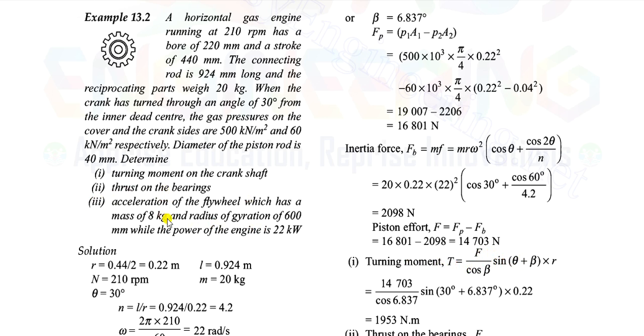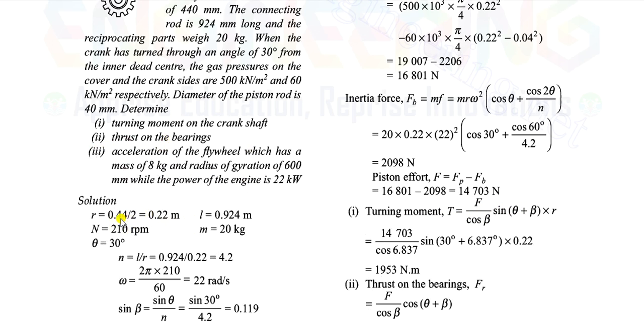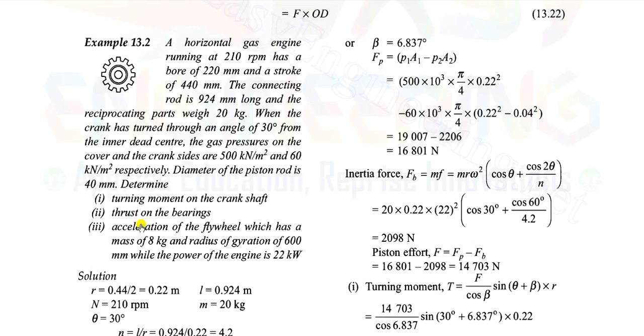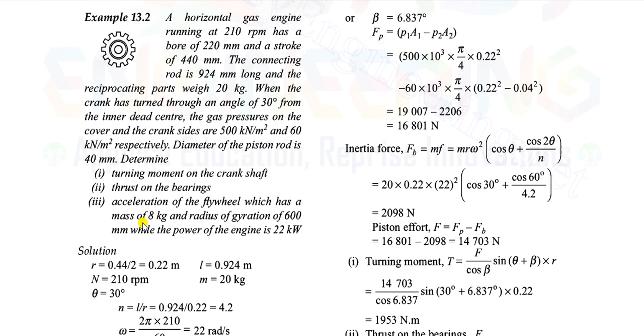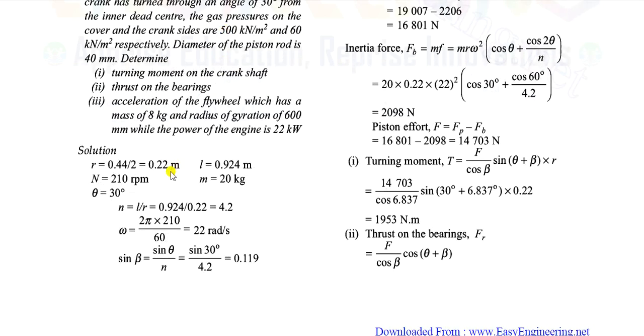So before that, how will we reach there? The bore diameter is given. So R you have to calculate. R we have to calculate. This is the diameter, so we need the radius.